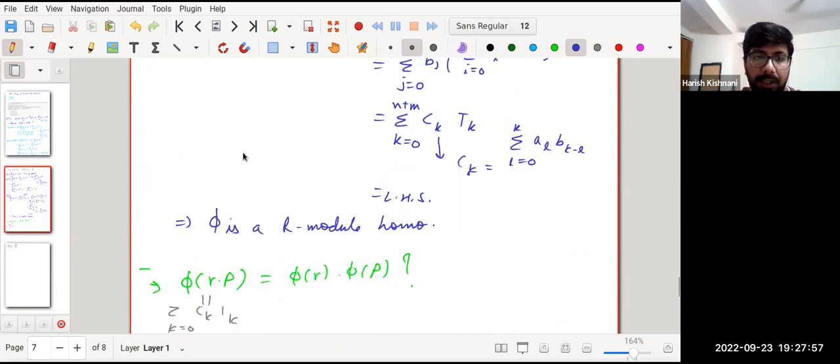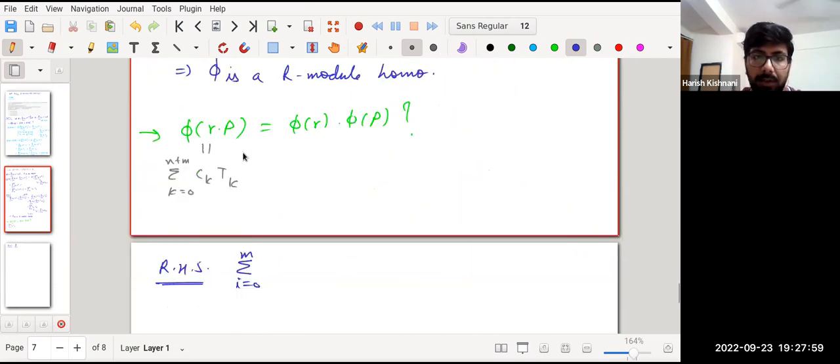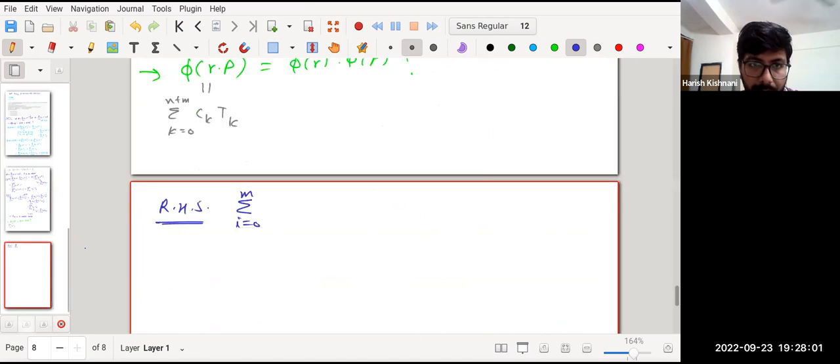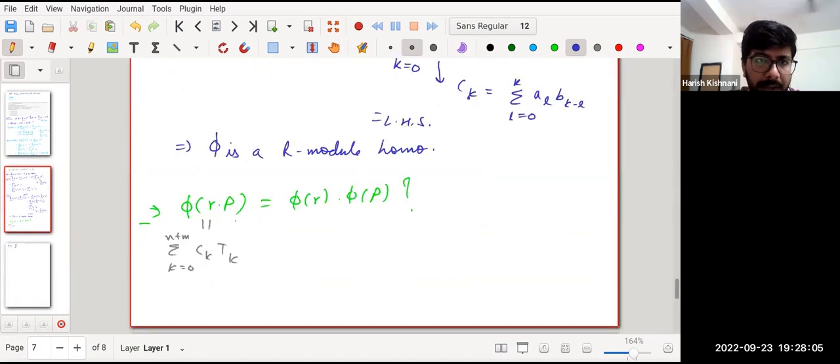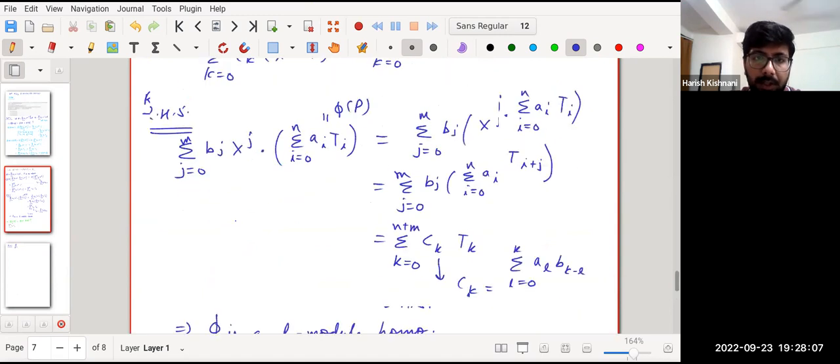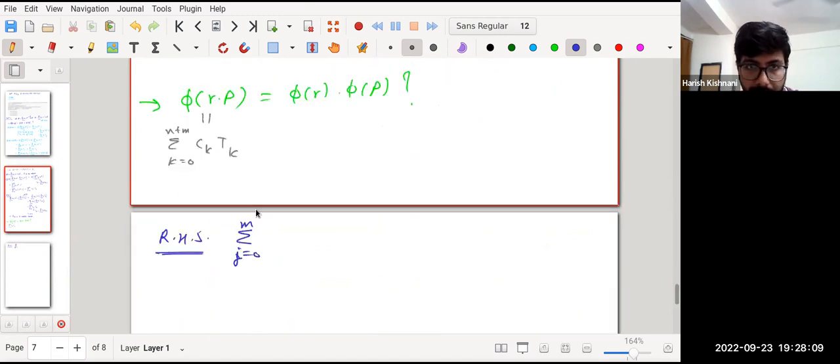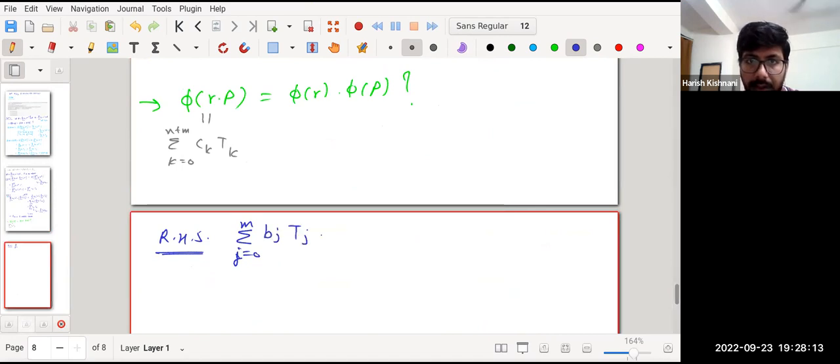Okay, so it will be just the summation of j equal to 0 to m, I guess. Yes, j equal to 0 to m bj, in place of xj it will be tj, and then multiplication inside the ring A. This is the summation over i equal to 0 to n ai ti.